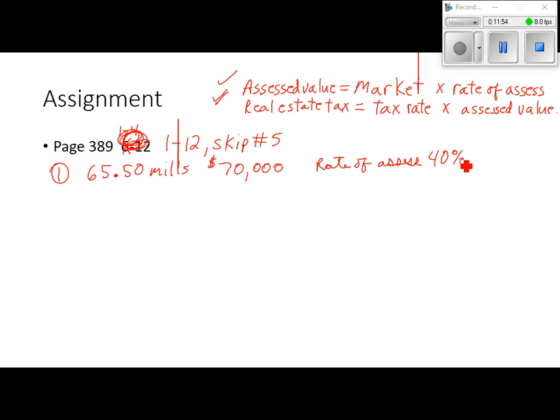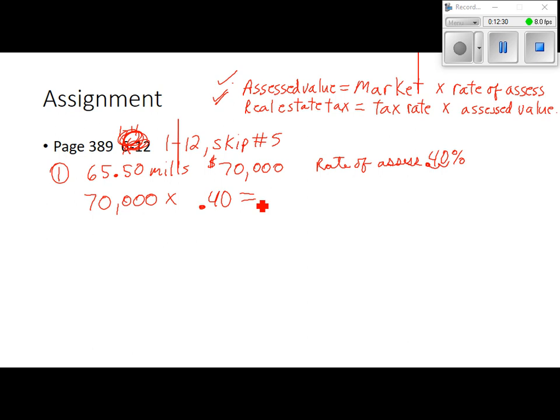Number 1 says, what's the assessed value? Looking at the first formula, assessed value is the market value times the rate of assessment. So we take the market value, 70,000, and multiply it by the rate of assessment, which is 40%. Just don't get mills and percentages confused. With 40%, we bump the decimal 2 places, so that's 0.40. To get the answer to number 1, we multiply those two.